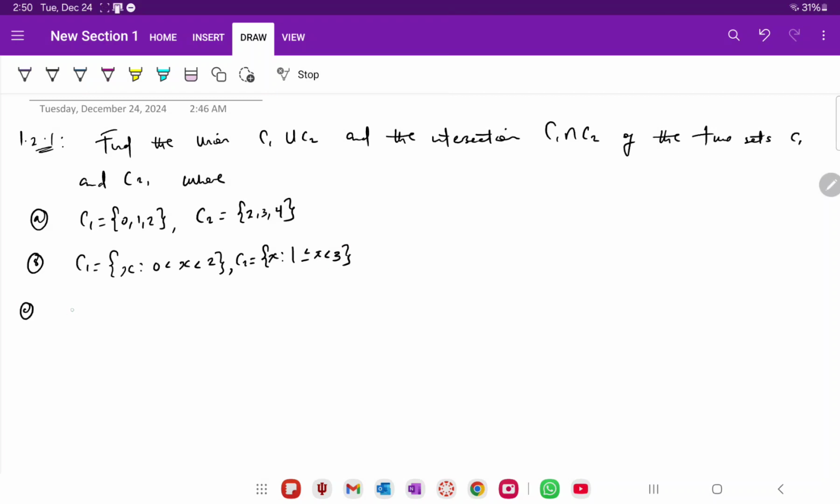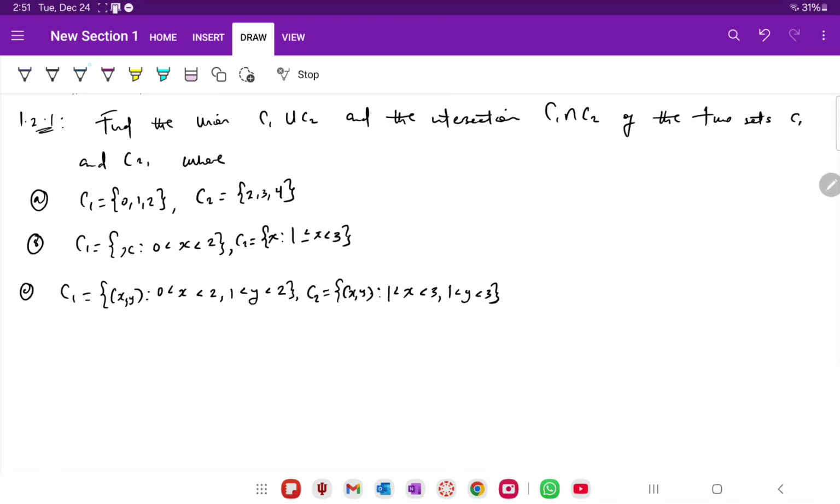Then C, we have C1 equals (x, y) such that 0 < x < 2, 1 < y < 2, and C2 equals (x, y) such that 1 < x < 3, and 1 < y < 3.